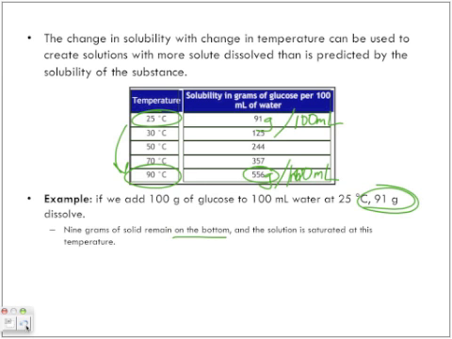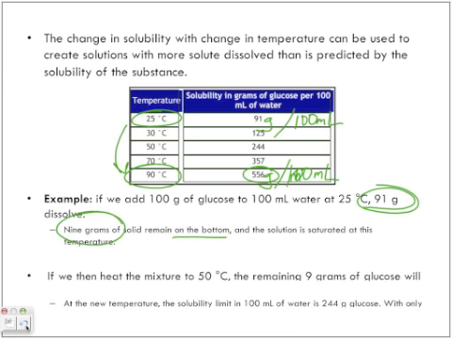The maximum amount, 91, which means we've got an excess of 9 grams. If I want to dissolve those 9 grams, what do I need to do? I need to increase the temperature, because I need 9 more grams to dissolve, but I've already fulfilled my maximum. So it's a saturated solution. I've dissolved the maximum amount that I possibly can.